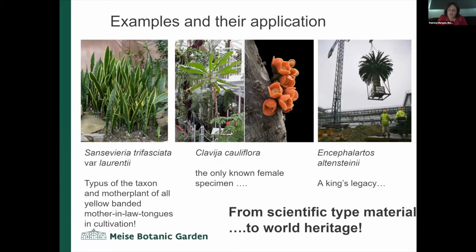Other specimens are quite unique, where it is believed that there is only one female specimen existing in conservatories, and others have a nice historical background because they were linked to gifts or donations tied to historical facts from different monarchies, and are still present in different botanical gardens.